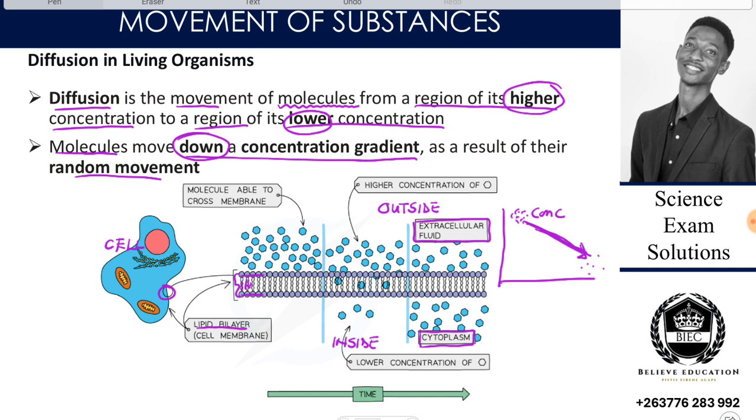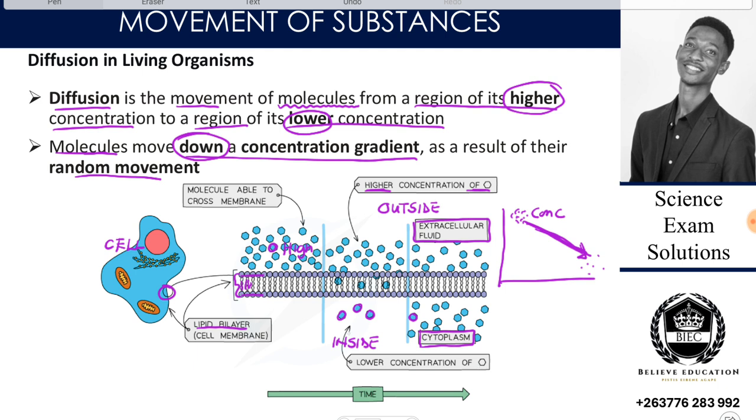So having outside and inside, we have these small blue particles. If you look at these particles, at the bottom inside the cell there are few, and at the top there are many, which means at the top these particles have a high concentration, and at the bottom we have a low concentration.